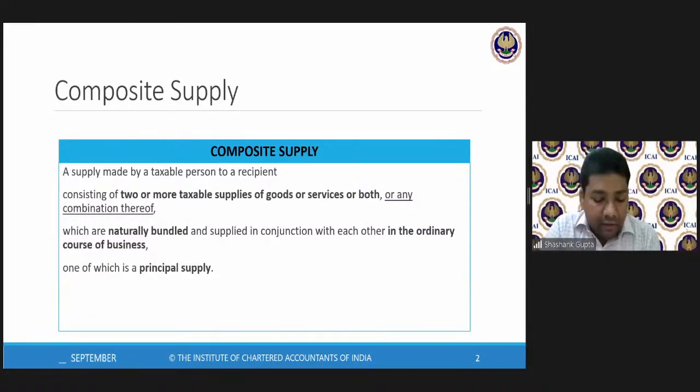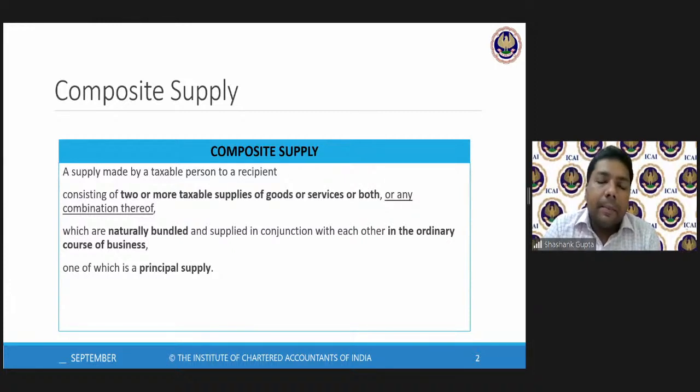So basically, the thing that I'm trying to emphasize is that there has to be a triggering event on the occurrence of which that particular law will become applicable, the particular sections of the law will become applicable. Under GST, that triggering event is supply.